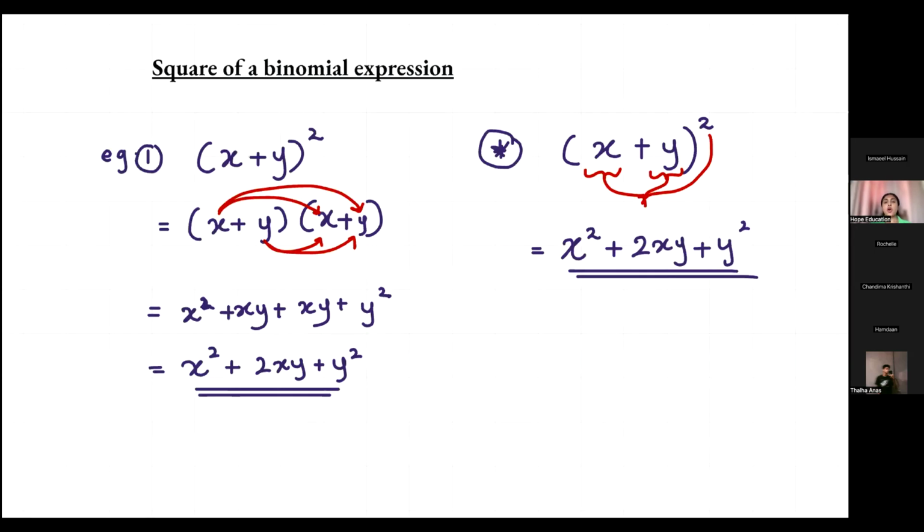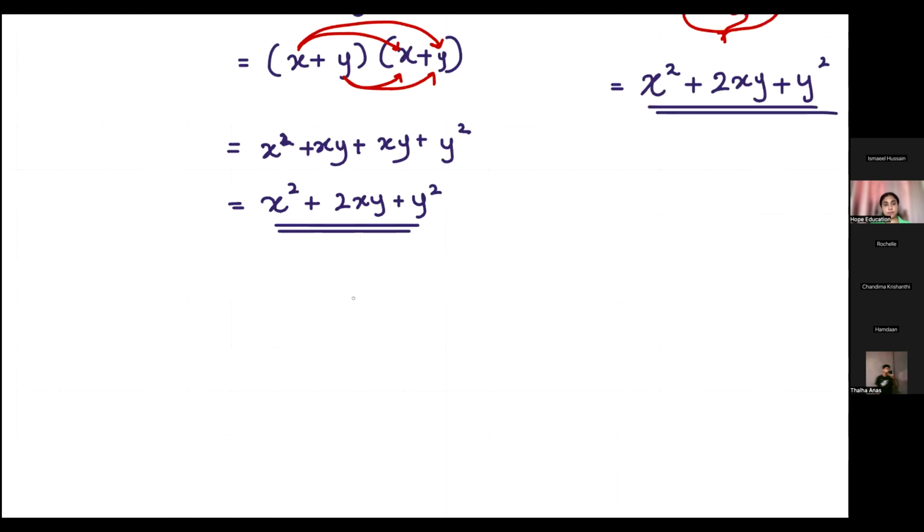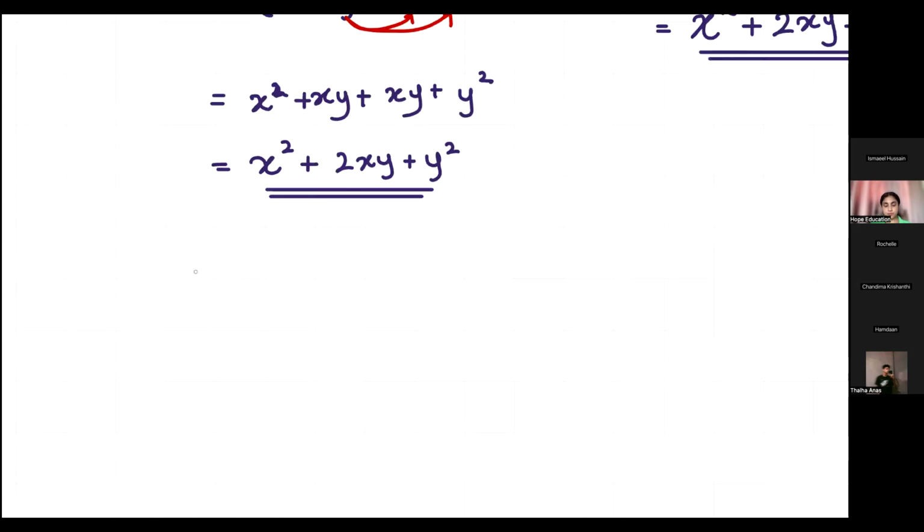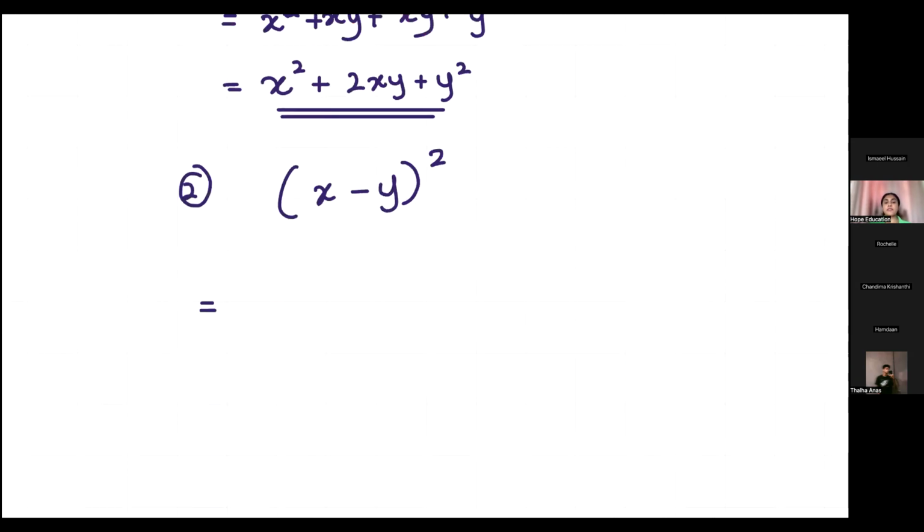All right. So let's go with another example. Example 2. Let's say something like x minus y squared. Let's do it the usual way. First you take the square of the first term. The first term is plus x. So the square of the first term is plus x multiplied by plus x.